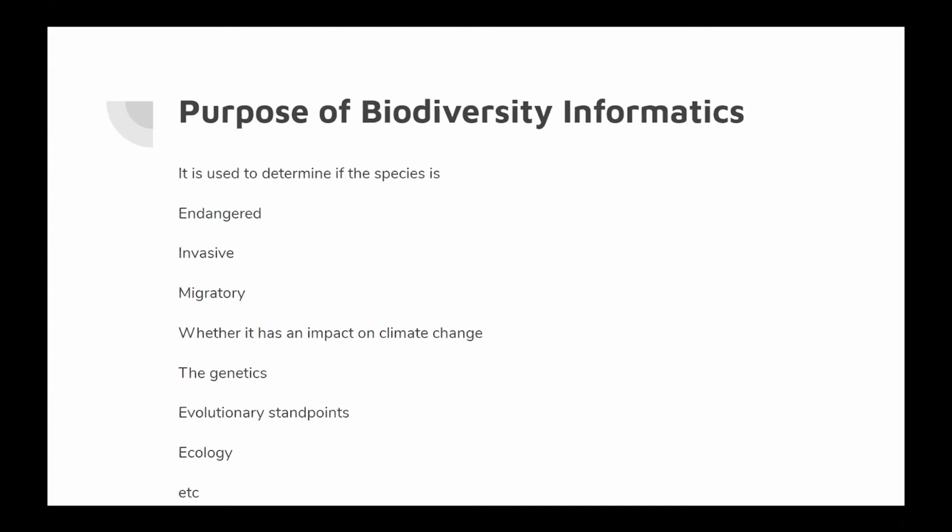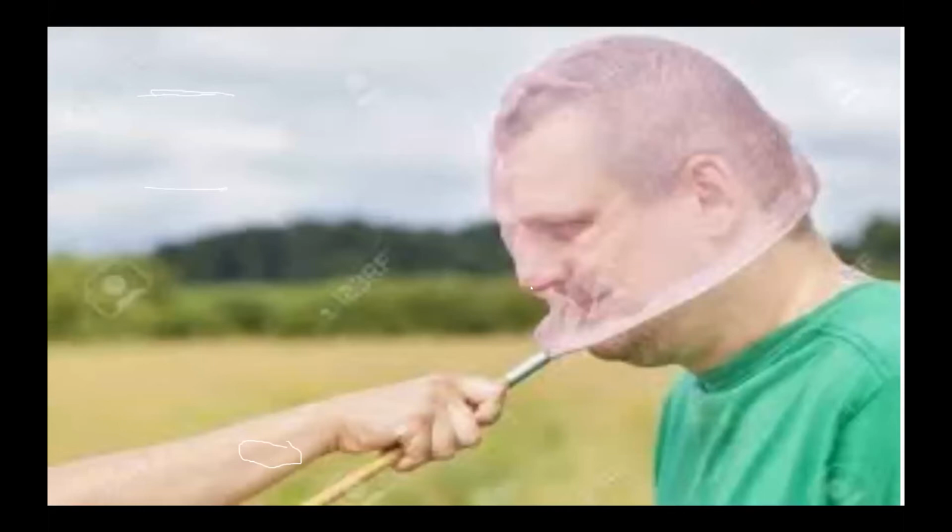And then we can tell if it's migratory, so if it's migrating, and if it has an impact on climate change. So basically what we can do with that is we can just catch humans and then, we got them. We just have to upload it into the database.